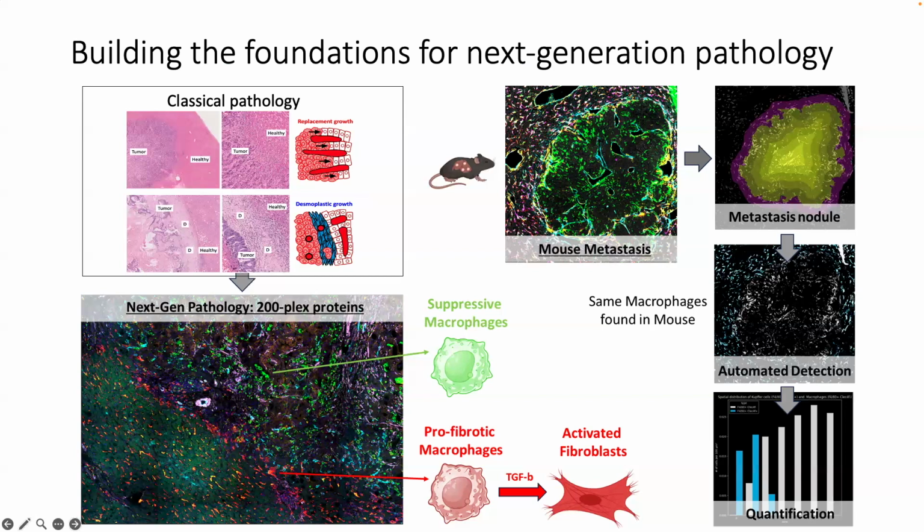You have the green ones in this region on the top right, suppressive macrophages. You can study, for example, the signaling between all the different cell types in these different regions. That could lead to new types of biomarkers, but also to new types of treatments if you better understand what is going on between all these different cell types.